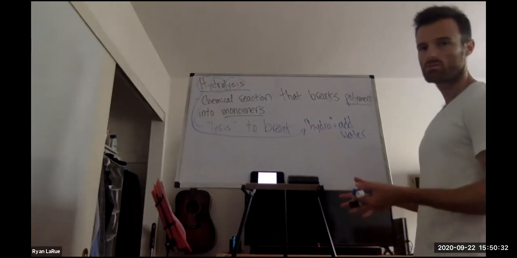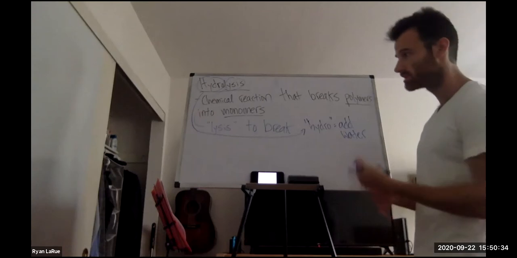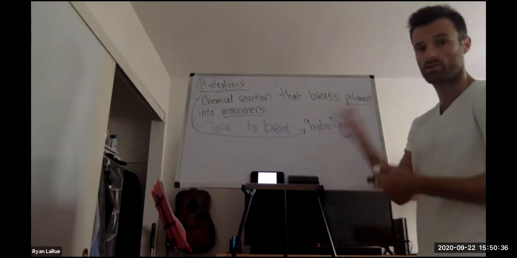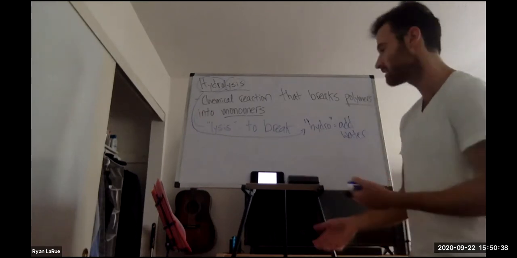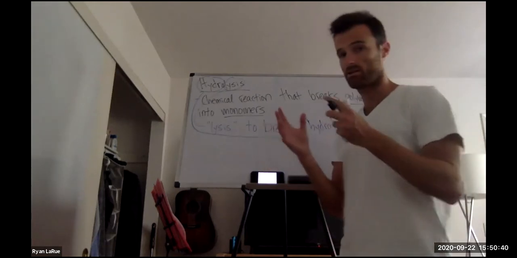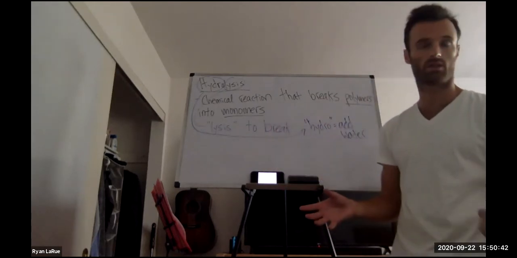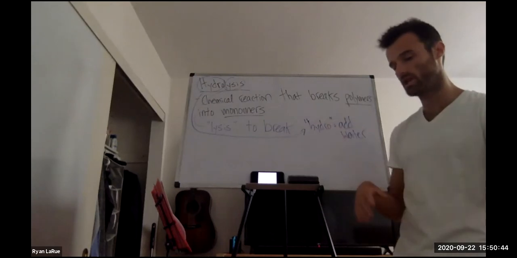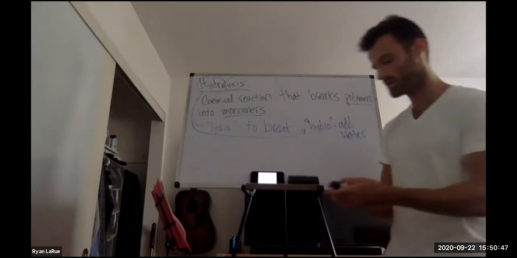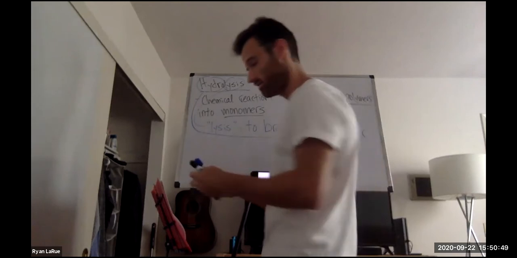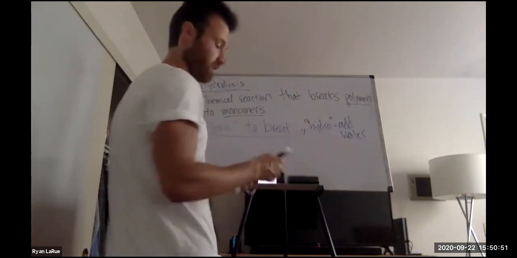For hydrolysis, for our example, we're just going to do the reverse of what we did for dehydration synthesis. We're going to take lactose and break it apart, this time into glucose and galactose, okay? So we're starting with lactose, our disaccharide.